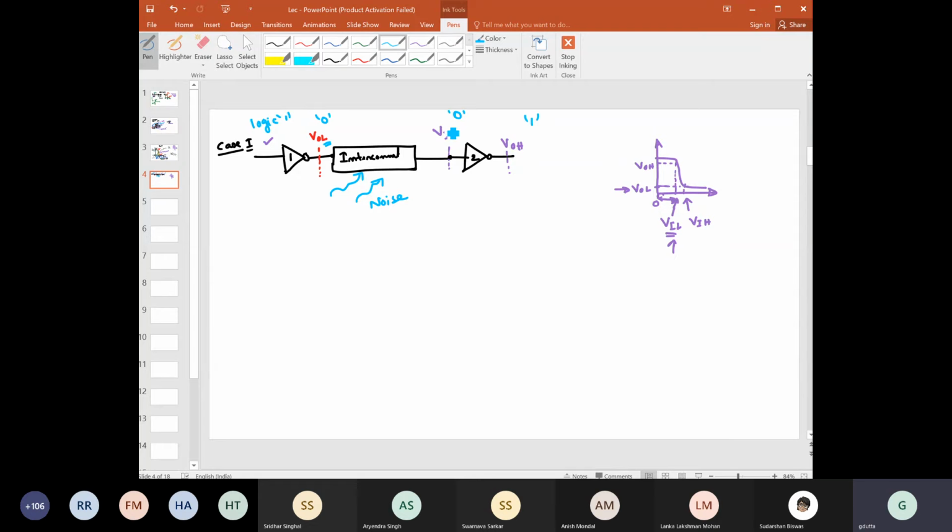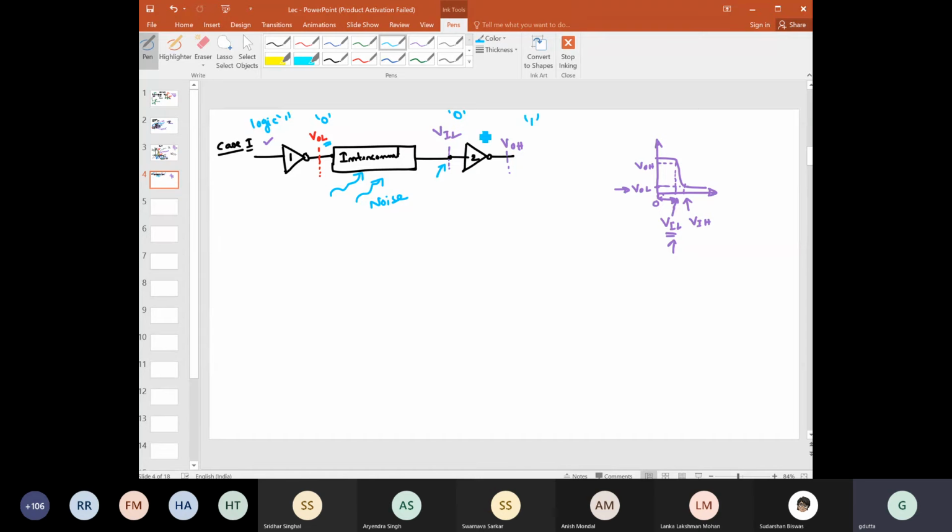Is that clear to you? VIL can be lower than VOL, fine. VIL can be 0, fine. But this input voltage cannot go beyond this VIL, from our definition.